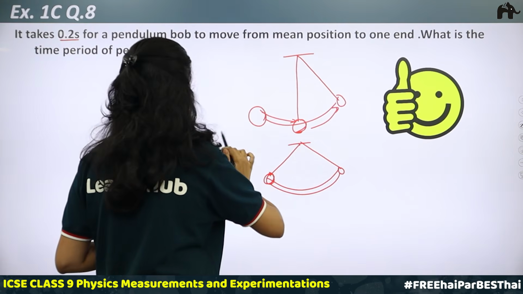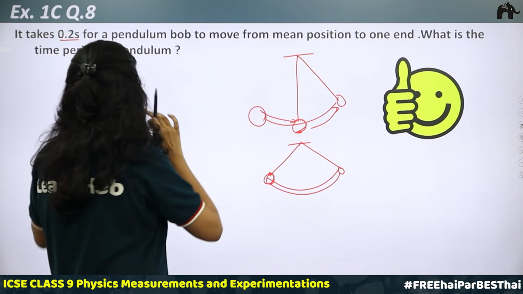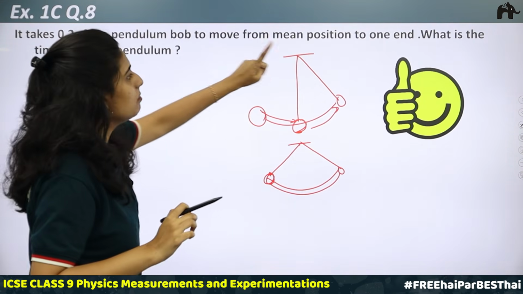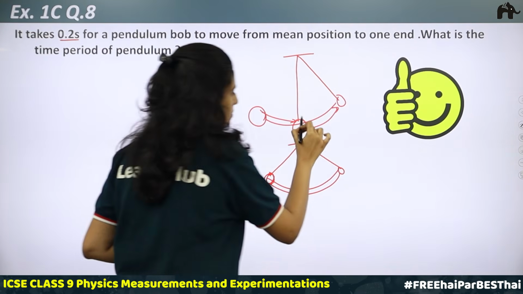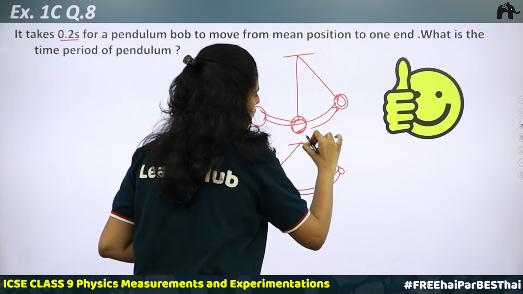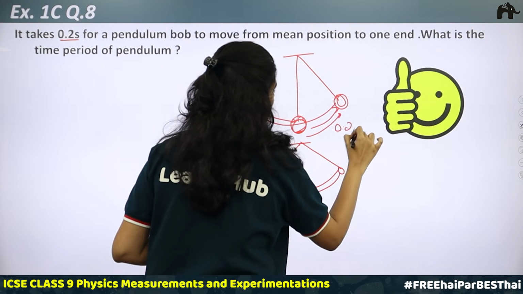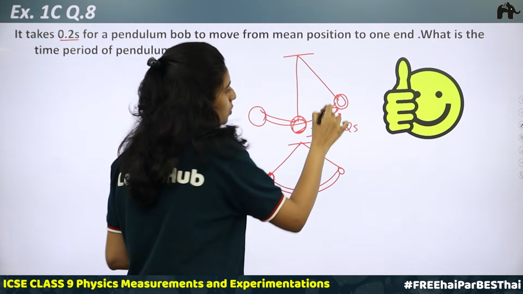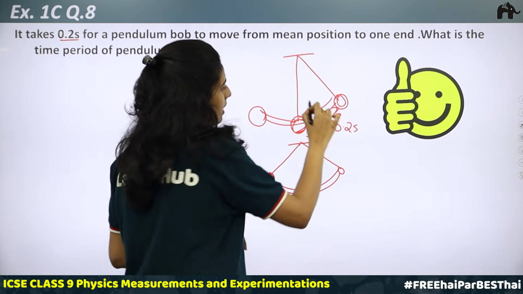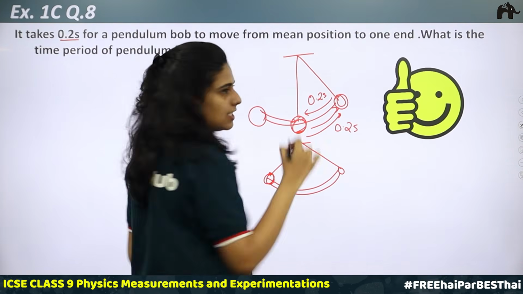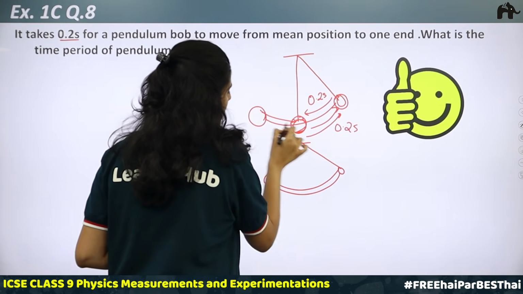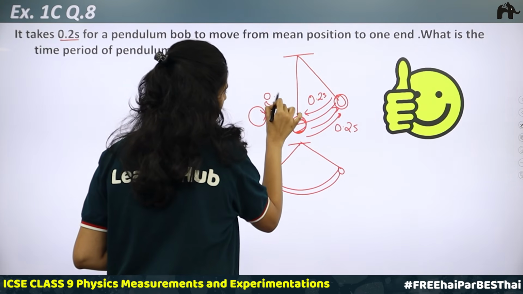Now, here it is given that it takes 0.2 seconds for a pendulum bob to move from mean position to one end. For this journey, it is taking 0.2 seconds. To come back from here to here, it will take again 0.2 seconds. From here, to move it takes 0.2 seconds.